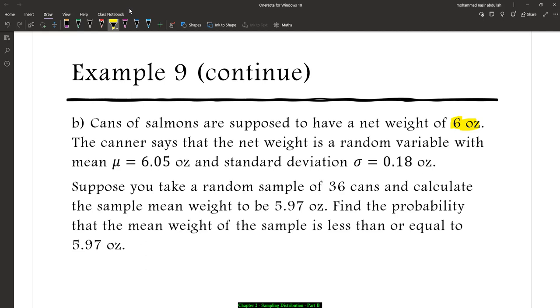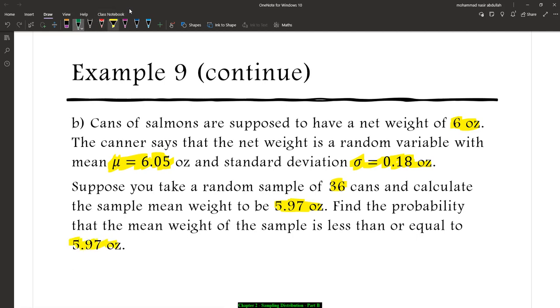The canner says that the net weight is a random variable with population mean equal to 6.05 ounces and standard deviation sigma equal to 0.18 ounce. So suppose that you take a random sample of 36 cans and calculate the sample mean weight to be 5.97 ounces, right? Find the probability that the mean weight of the sample is less than or equal to 5.97 ounces lah.